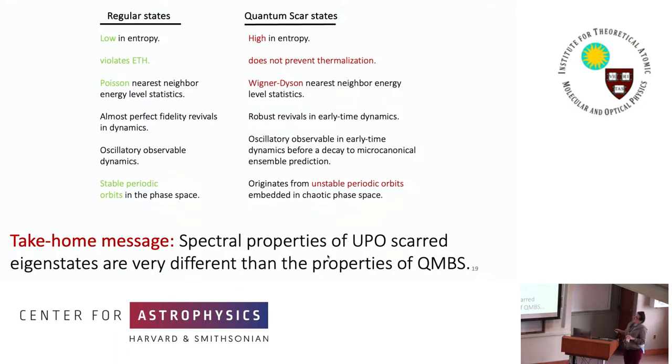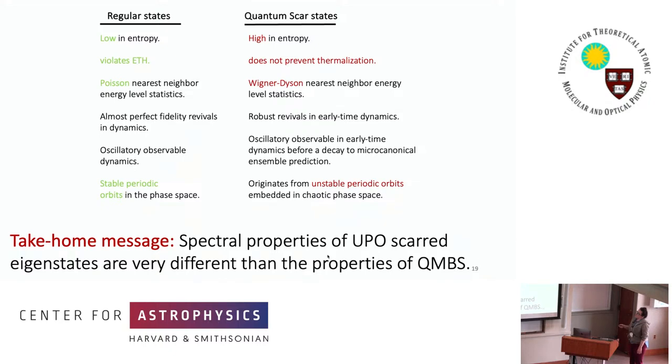So regular states are low in entropy. They don't thermalize. They don't show chaos. Almost perfect fidelity and oscillatory observable dynamics for long times, but they are also associated with stable periodic orbits in the phase space. In contrast, we find quantum scar states in this high entropy region, which doesn't necessarily prevent thermalization, and in our particular case, they don't.